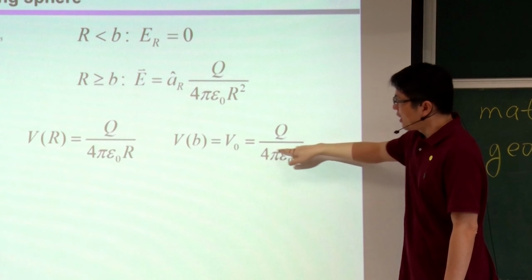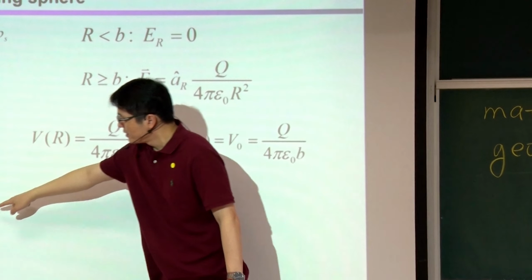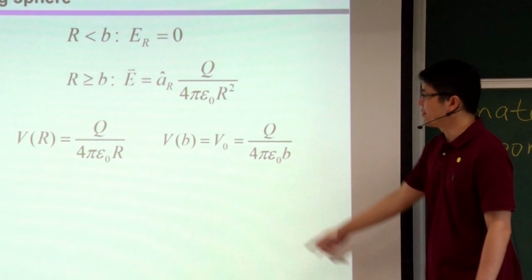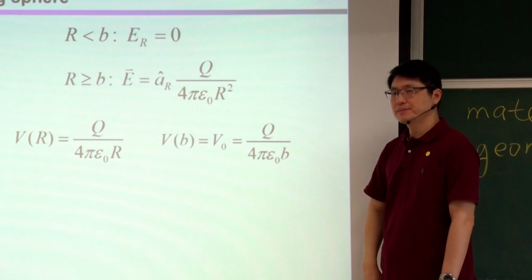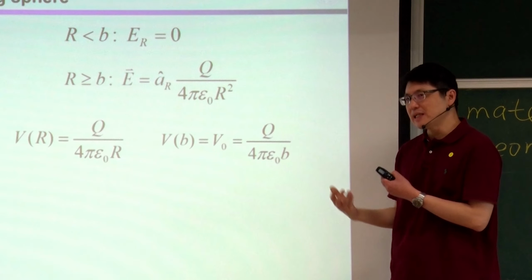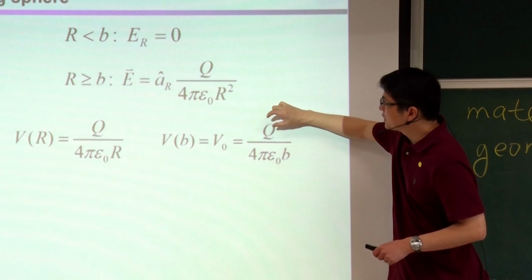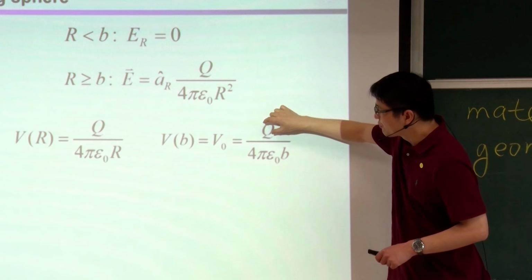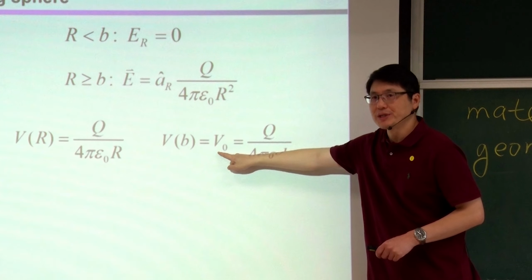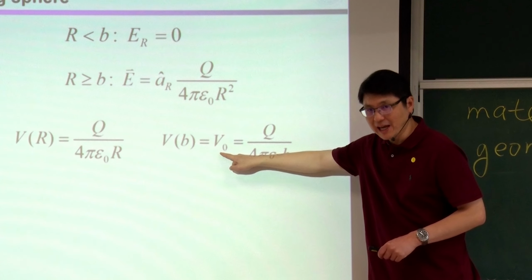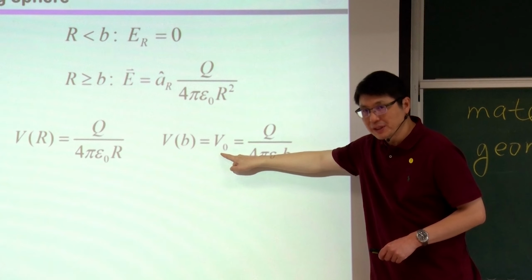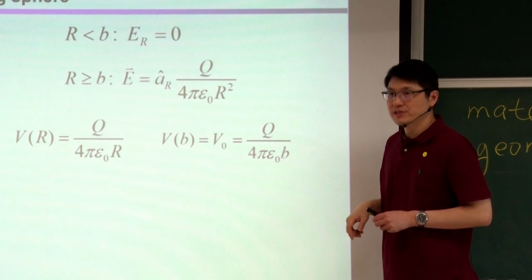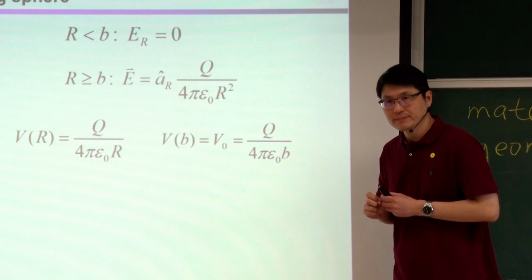At r equals b, this is where your potential maximum is, and that is defined as V0. So all we're trying to seek is, we know the total amount of charge is Q, but we're looking for the resulting electric potential being contributed by this charge on the surface in a uniform way.